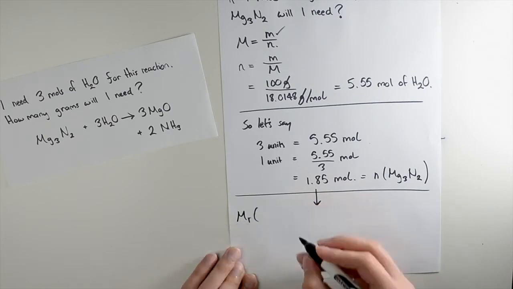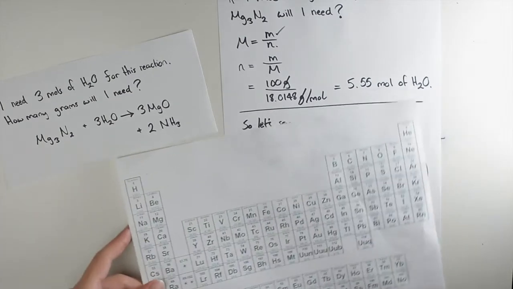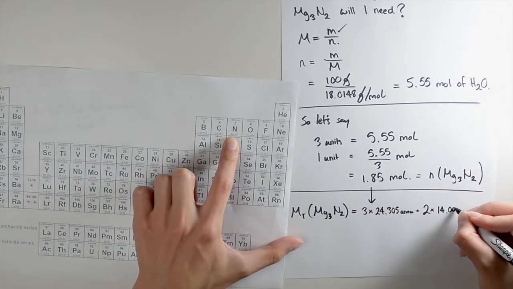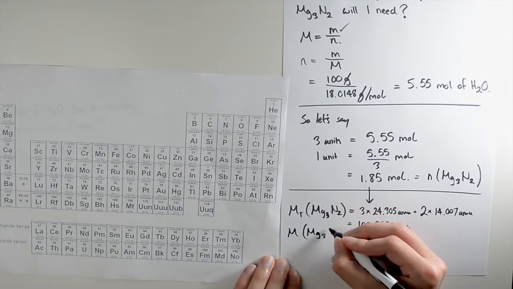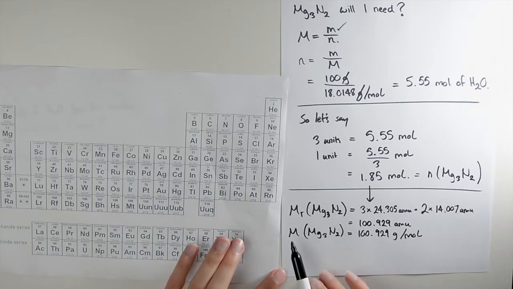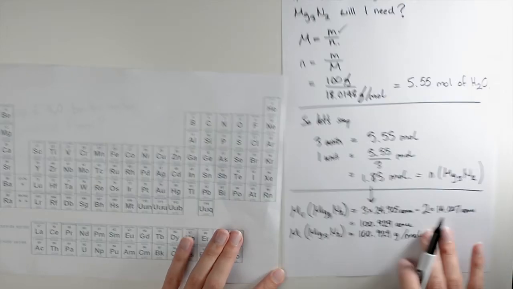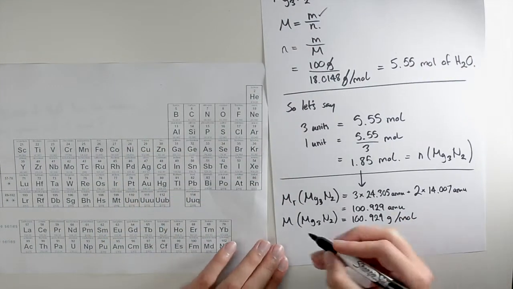So the molecular mass is equal to the sum of all the relative atomic mass units of the elements. Now that I've found the molar mass of magnesium nitride, I can then throw it into the same equation as this to calculate how much mass we need.